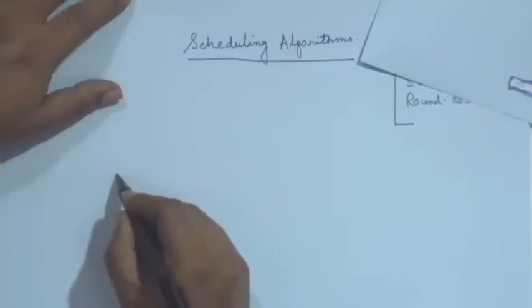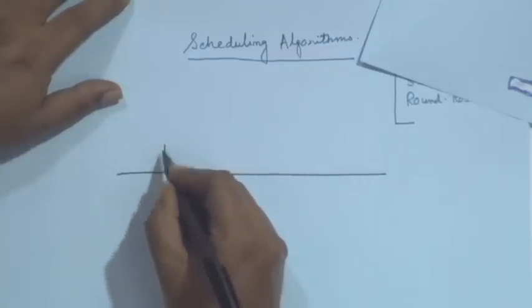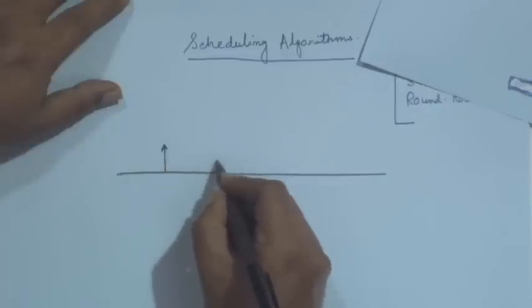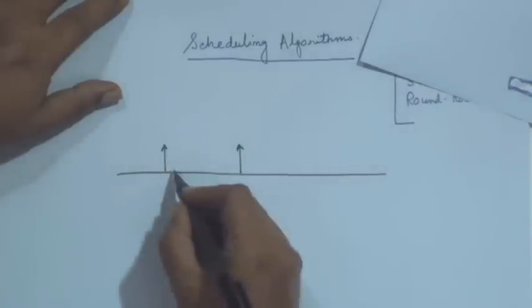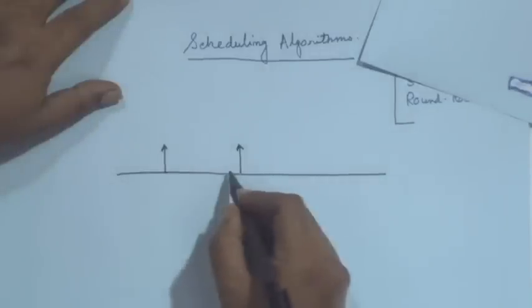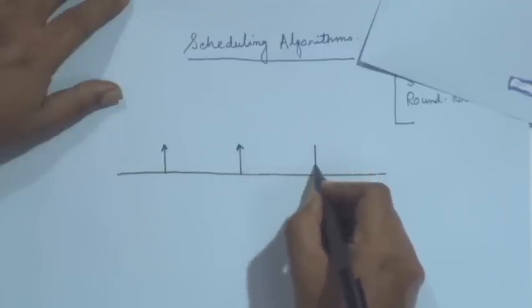Aperiodic tasks are tasks which arrive not at fixed periods, all right. For example, if this is my timeline and a task arrives at a regular delay, say 5 units, this is one arrival, this is another arrival, this is another arrival.